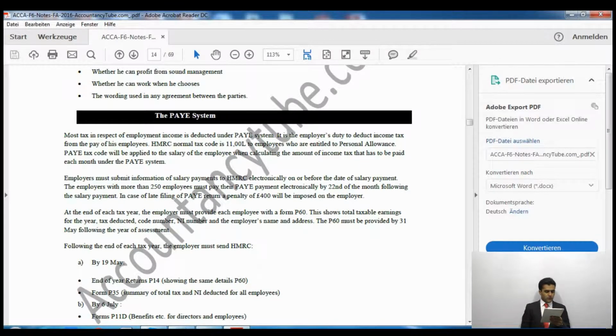The wording used in an agreement between the parties. So the contract will say if it is employment or self-employment, and so we do not have to worry about it much.